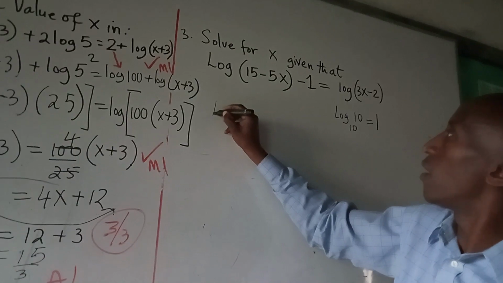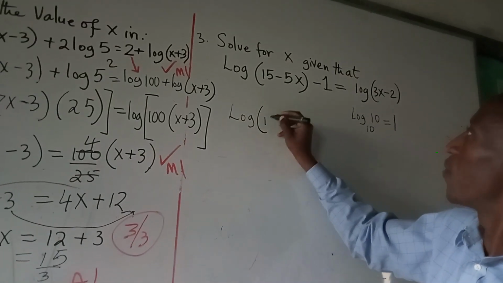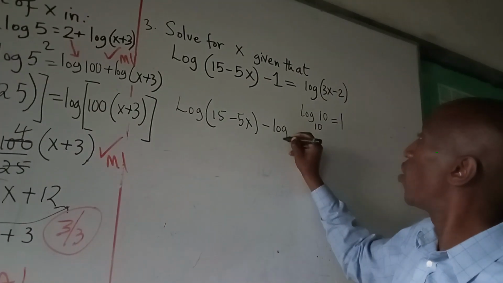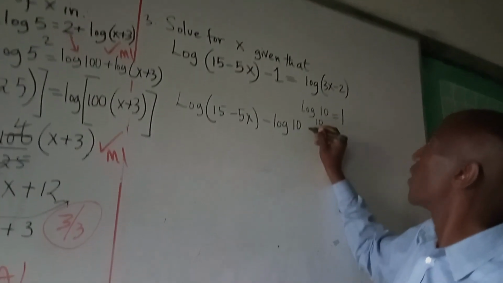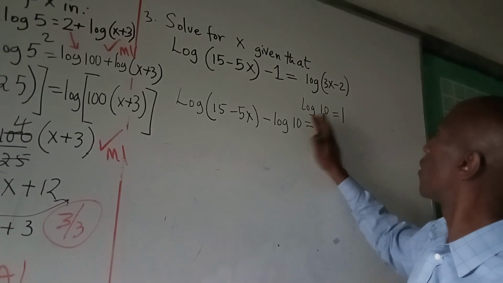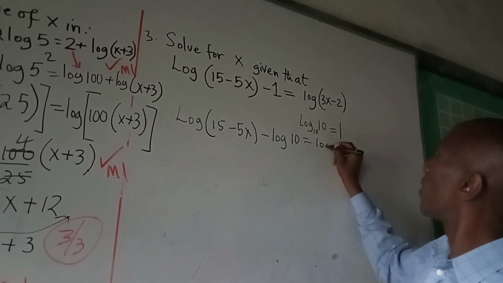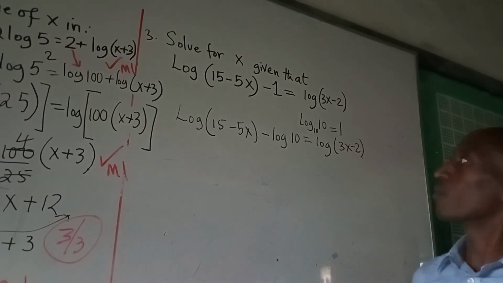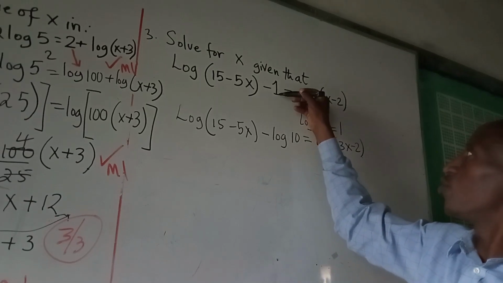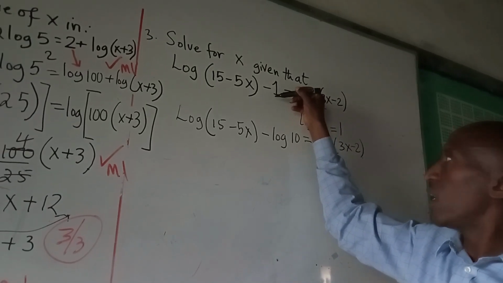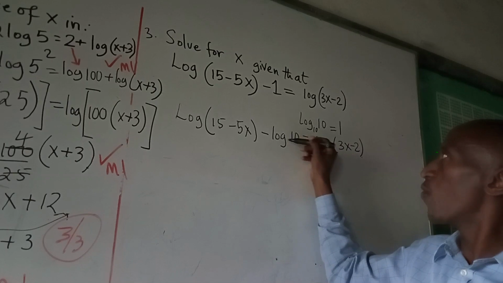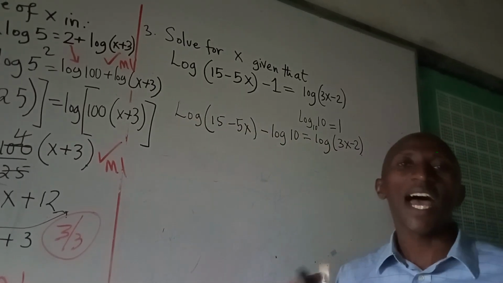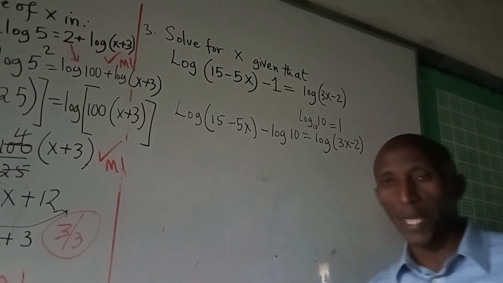That gives us log(15 - 5x) - log to base 10 of 10 = log(3x - 2). So we have managed to shift 1 to be a log of 10 to base 10. And we assume all the other numbers are to base 10, the conventional base.